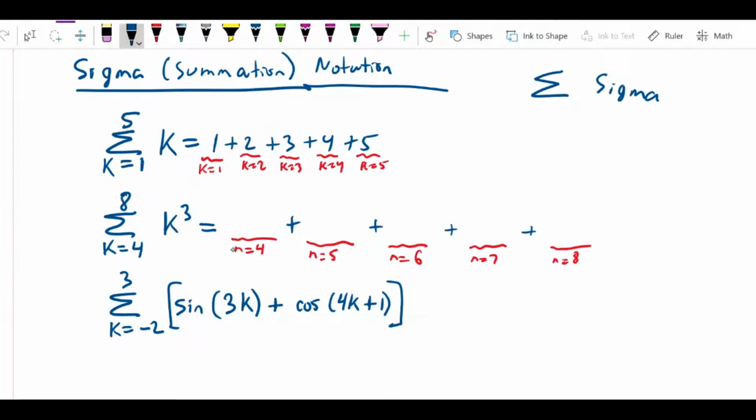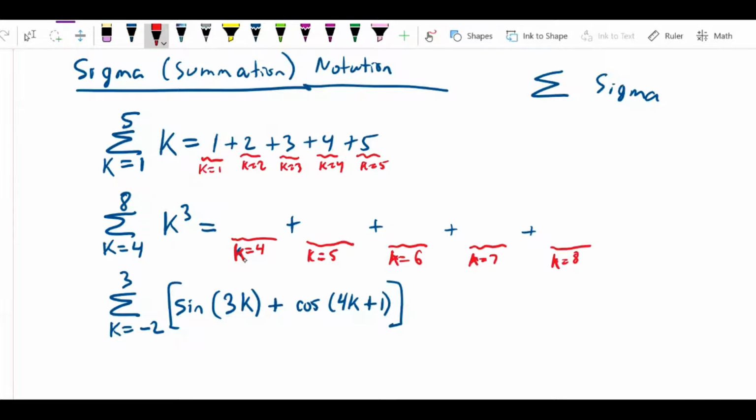Sorry, I've written n's here, because I often do this with n's. So let me just switch these to k's quickly. Okay, they should have been k's. Sometimes we do it with n, sometimes with k.